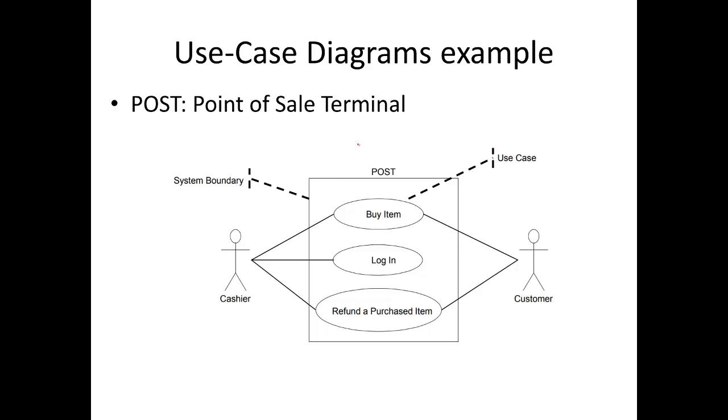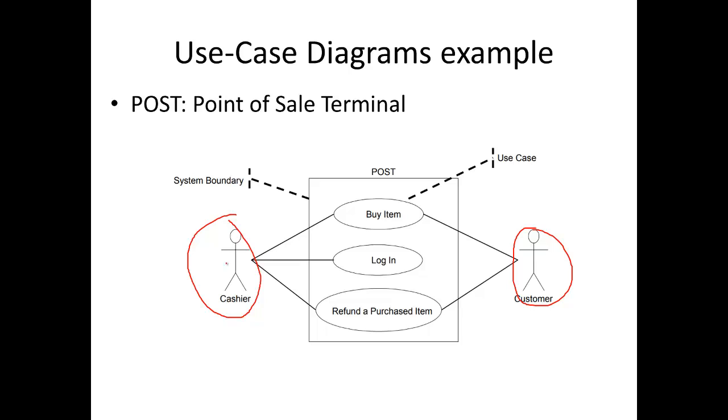This is a point of sale terminal machine. In this figure, you see this is a cashier, and this is a customer. A customer can buy something, and can also request a refund of a purchased item.